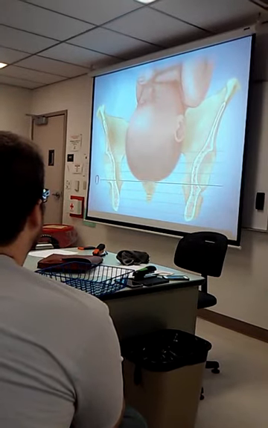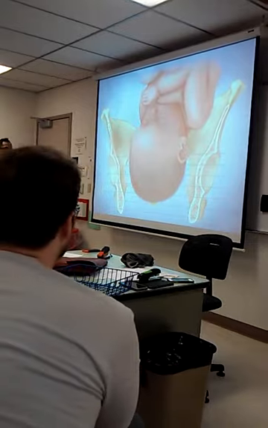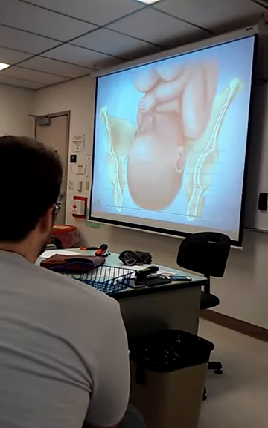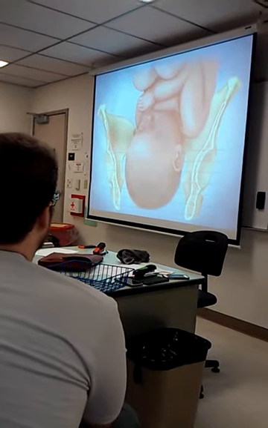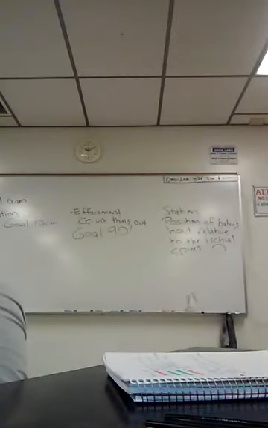There's the ischial spines right there. The baby's head comes out, crowning basically, essentially around +3, +4. This guy's actually pretty big. I'm going to watch it.